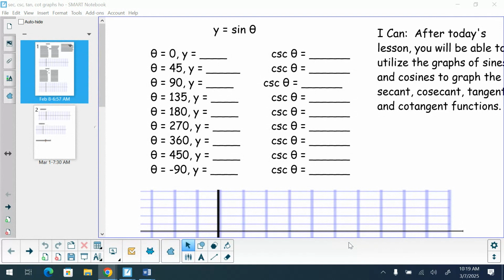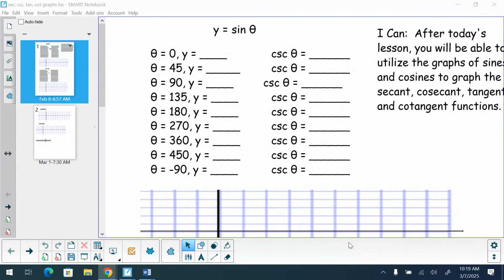And how do we graph the ideas of a cosecant, of a secant, of a tangent, and a cotangent? Now, if you think back to what we just did with the graphs of sines and cosines, we will be utilizing the graphs of sines and cosines to be able to guide us through all of our graphs of secants, cosecants, tangents, and cotangents.